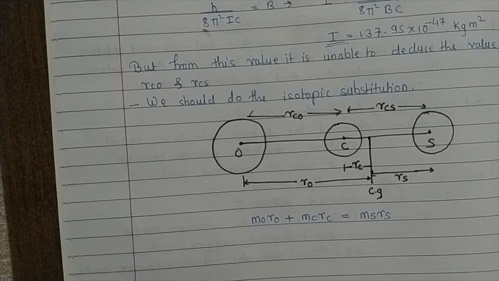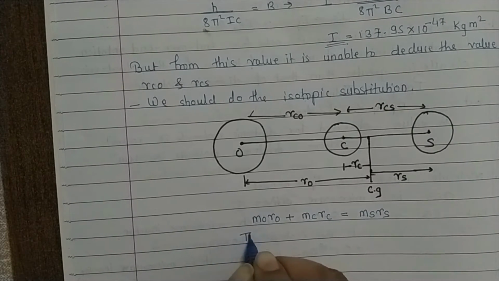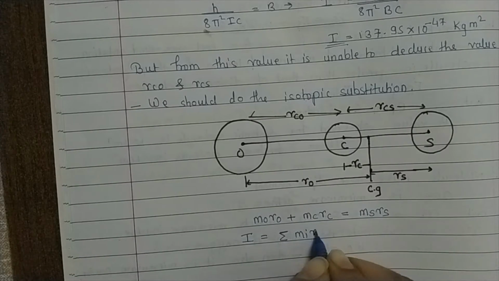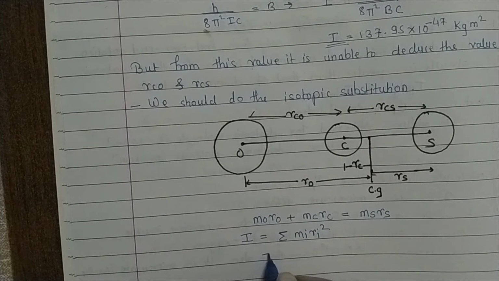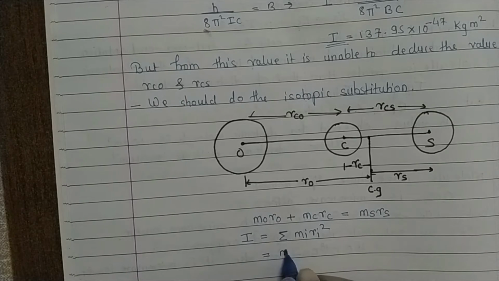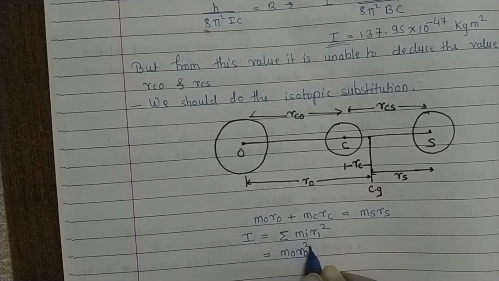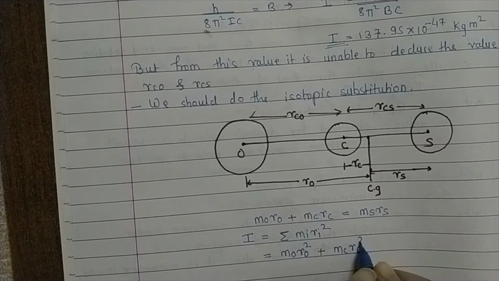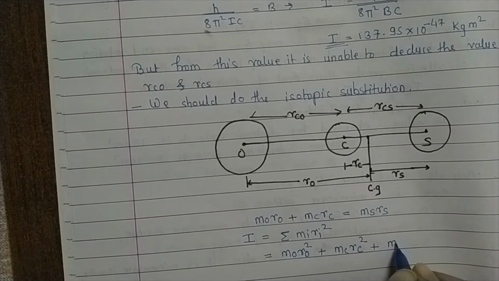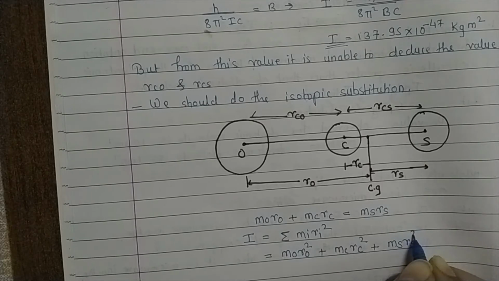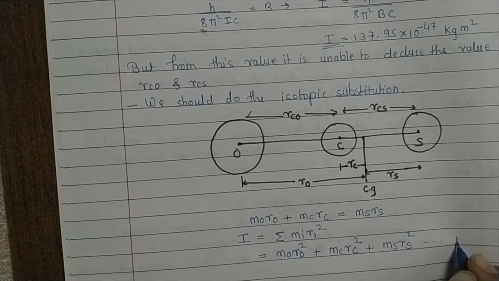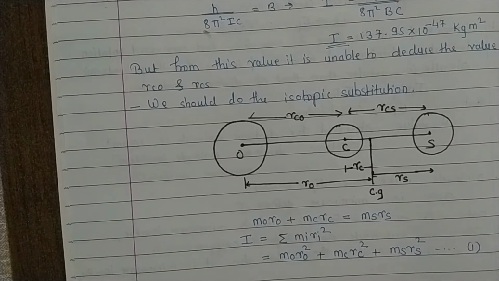Is it okay? We know that I is equal to summation of Mi Ri square. So now I is equal to MO RO square plus MC RC square plus MS RS square. This we will denote as equation 1. Is it clear?